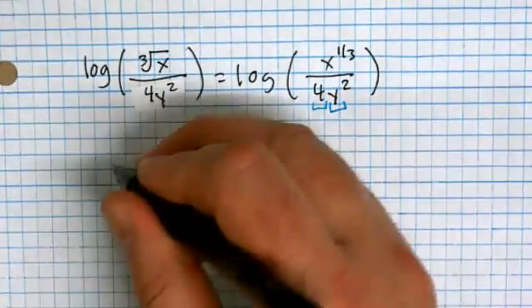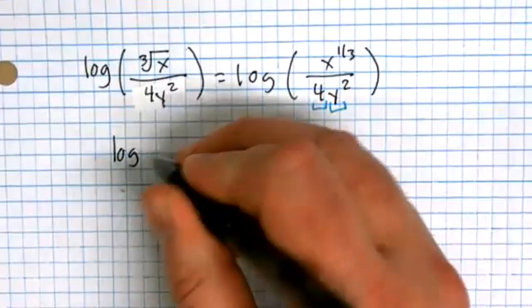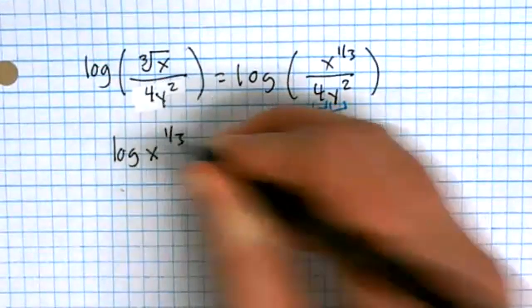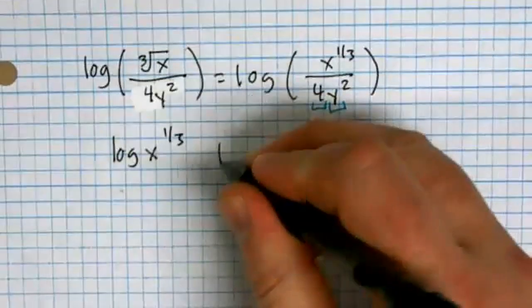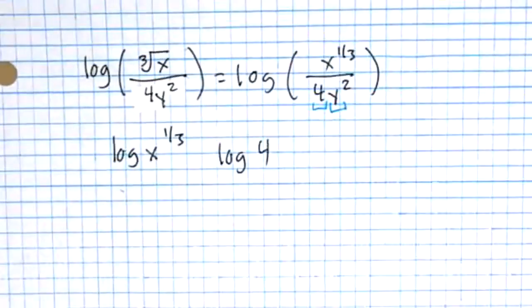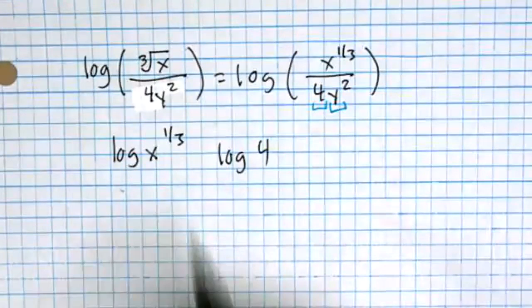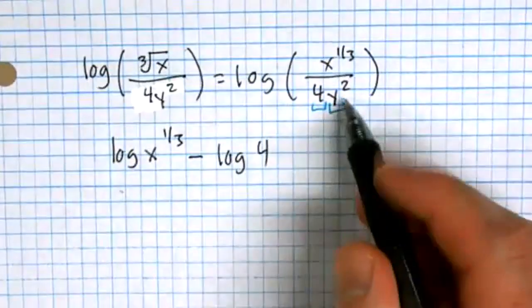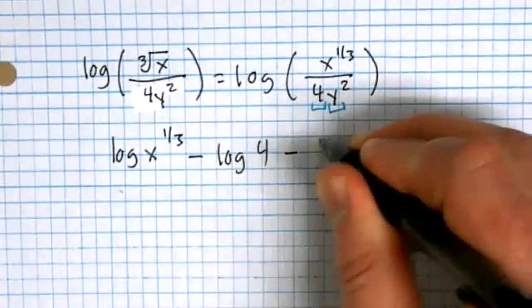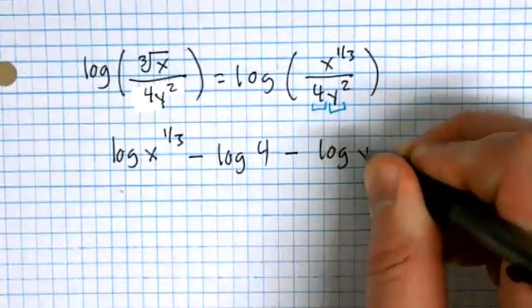So if I split it up at this point, I would have the log of x to the 1/3. And then what's going to be the sign on my log of 4? Plus or minus in between? Minus, because we're dividing by 4. We're also dividing by y squared, so we'll also have minus log y squared.